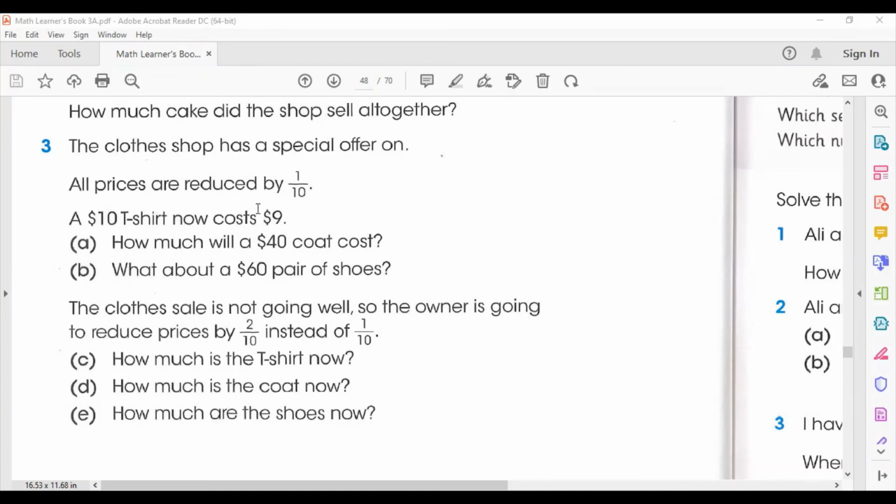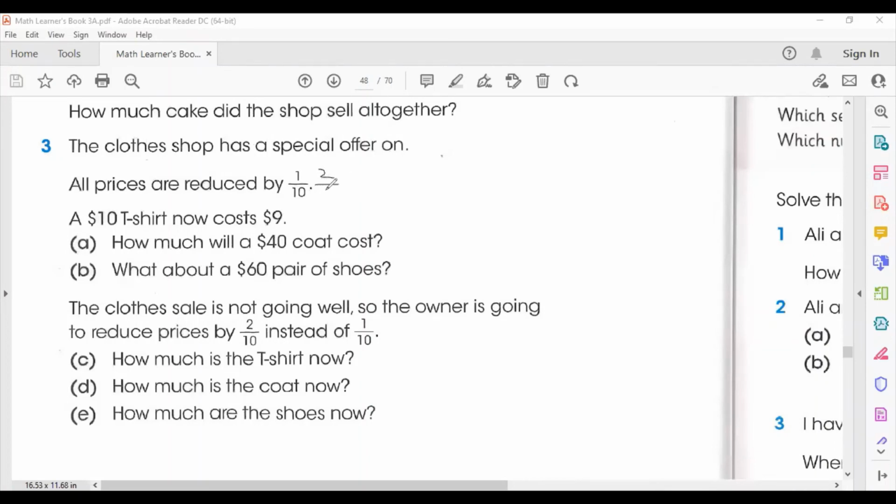Okay, how much will the $40 coat cost? We need to find that at $10, $1 is reduced, a $1 discount. Okay, if this is $20, so $2 discount.